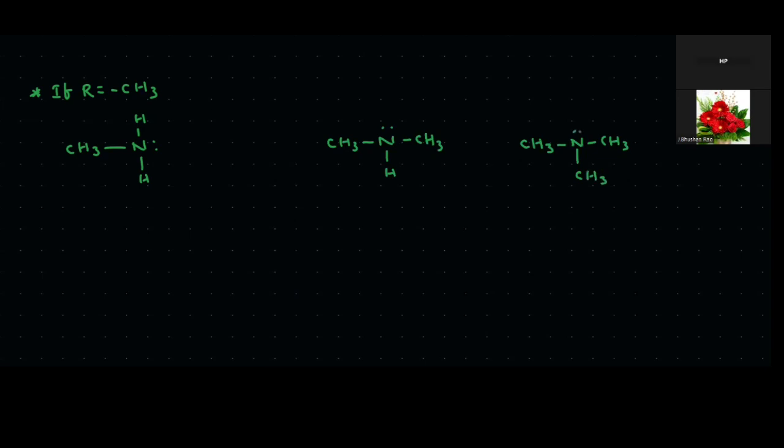Now identifying this: here is one CH3 group attached to the nitrogen. This group is a plus I group. The presence of solvent means mostly the solvent is water. The hydrogen forms a bond with the water molecule, and here the nitrogen containing a lone pair of electrons attaches to the water molecule.